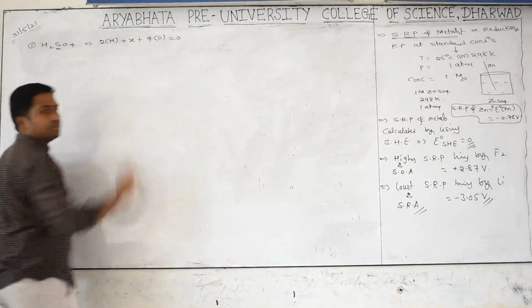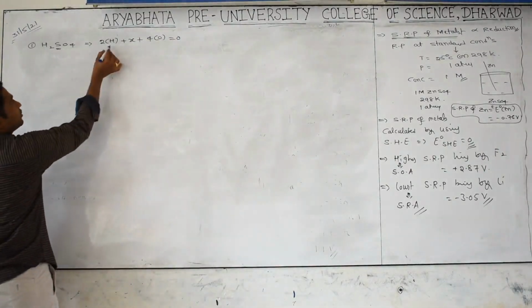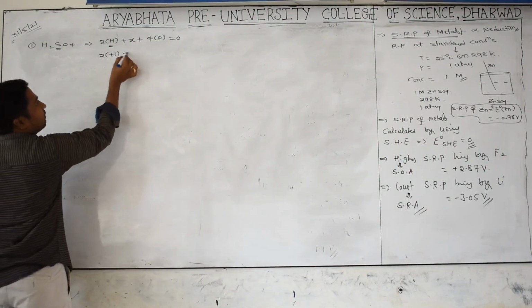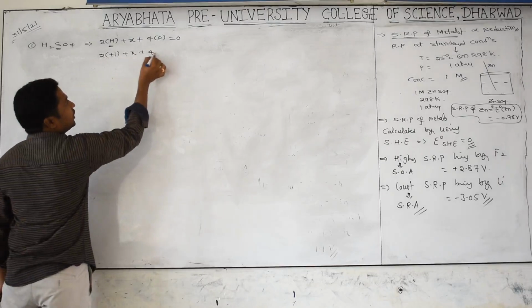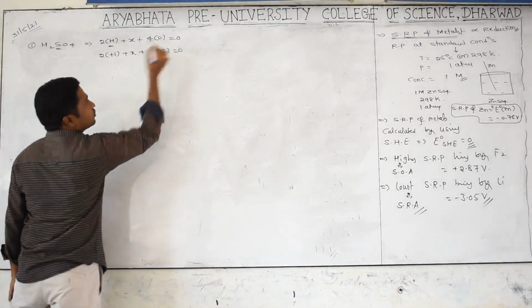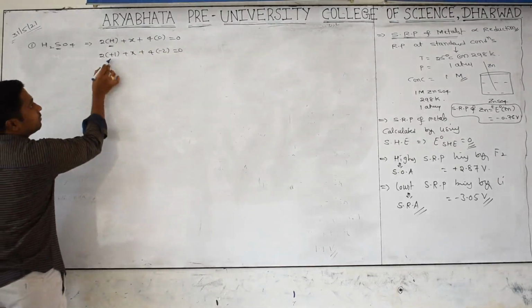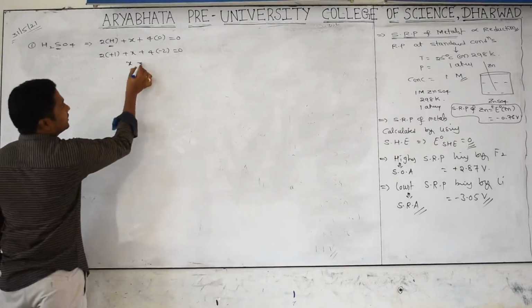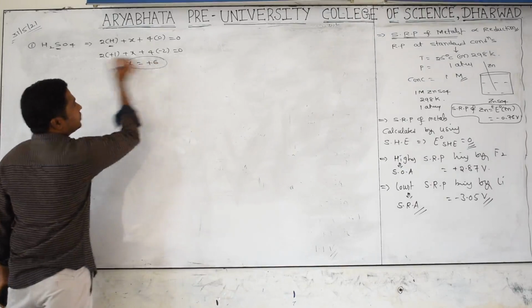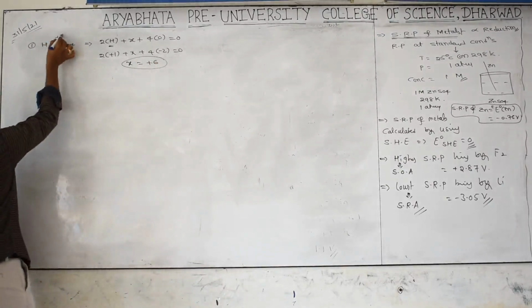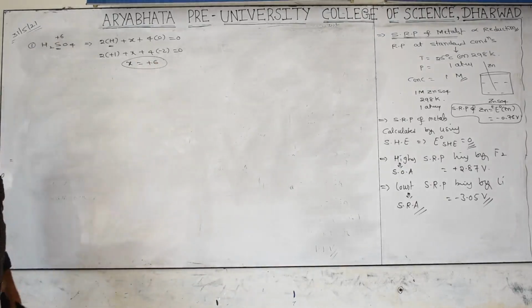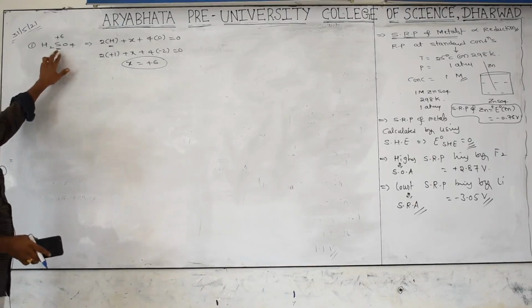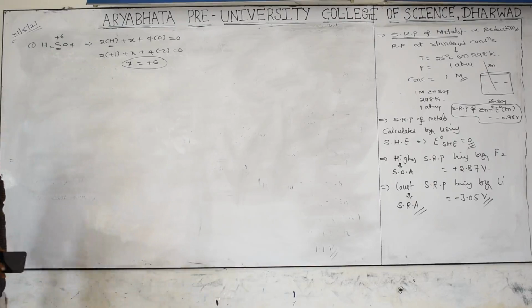You know very well hydrogen oxidation number is +1, so 2 into +1 plus X plus 4 into -2 equals 0. Then you get +2 plus X minus 8 equals 0, so X is +6. So the oxidation number of sulfur in sulfuric acid is +6, meaning while forming sulfuric acid, sulfur loses 6 electrons.